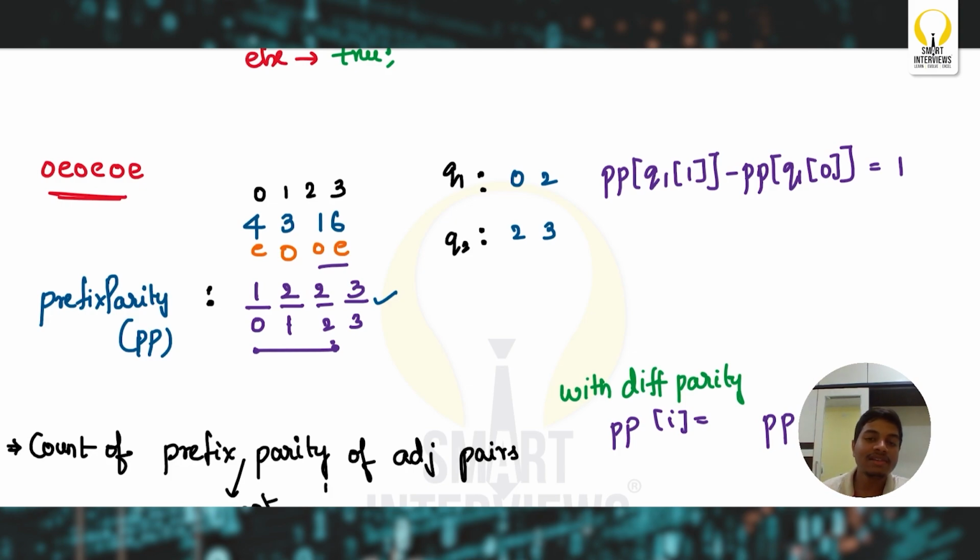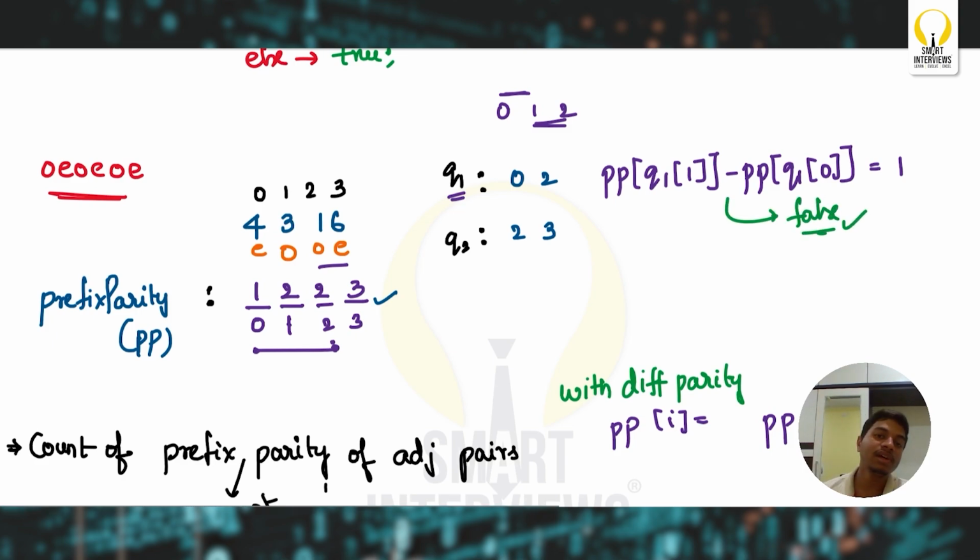But as this is a query from 0 to 2, obviously two pairs should exist, right? This is one pair and this is one other pair, but we got only one pair which is having different parity. That means one other pair actually exists which is having the same parity. So can I just simply add false for this condition into my answer array?